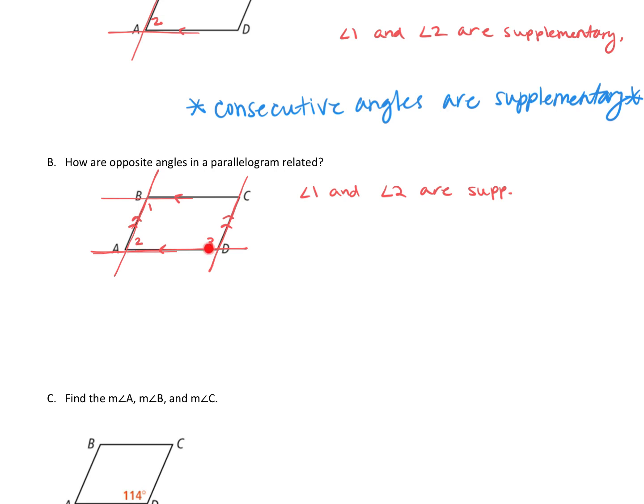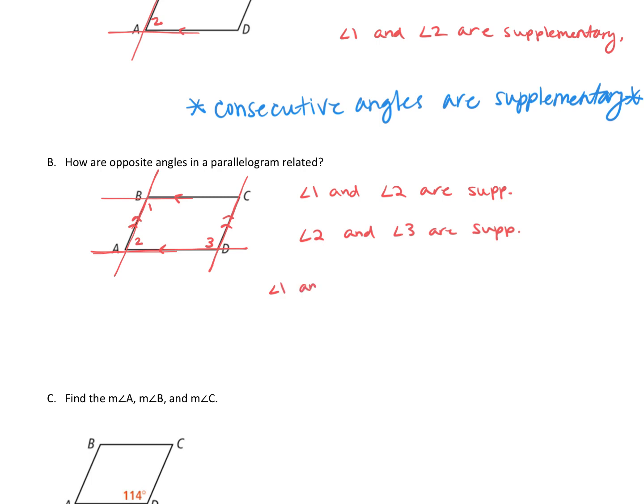While angle 2 and angle 3 are consecutive angles, so we know that angle 2 and angle 3 are also supplementary. So what we're saying is angle 1 is supplementary to angle 2, but angle 3 is also supplementary to angle 2. So when you have angles that are supplementary to the same angle, that means that they will be congruent. So here's what that looks like when we write it out.